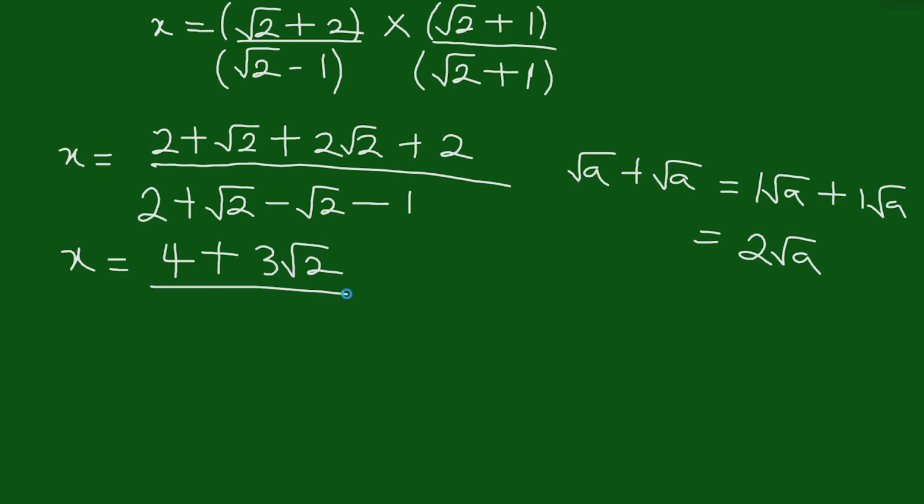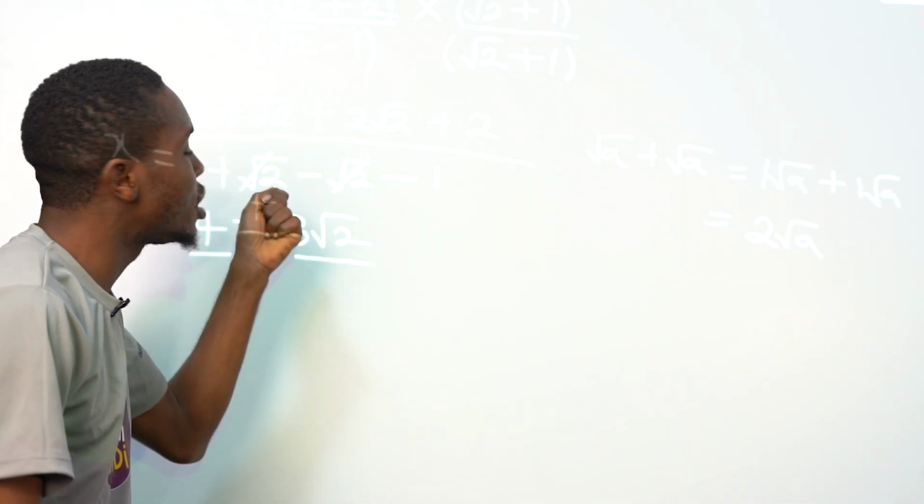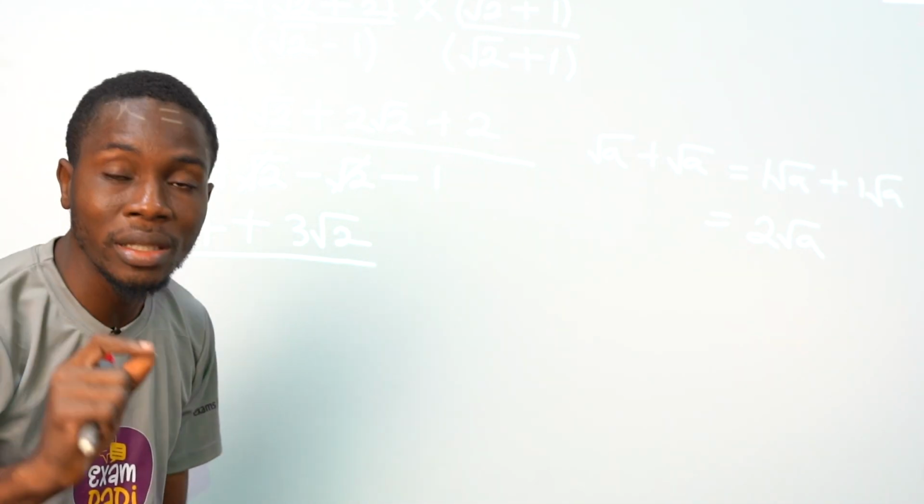Over, let's now go to the denominator. 2 plus root 2 minus root 2 minus 1. Automatically, root 2 minus root 2 cancel out each other because they give 0. And take note, when rationalizing, if your denominator does not have two opposite roots, then you are taking the wrong step.